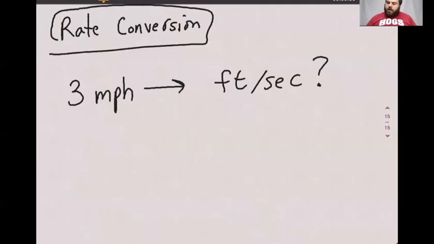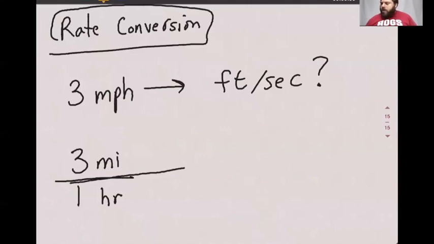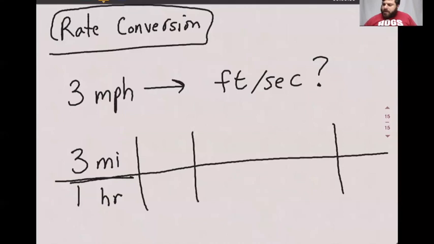Here's what I recommend. 3 miles per hour. Notice they didn't say a number under the hour, just 3 miles per hour. What's the implied number? It's 1 hour. So 3 miles for every 1 hour. What you do is extend this line out and put a couple of these boxes. Sometimes it's hard to know how many boxes you need.